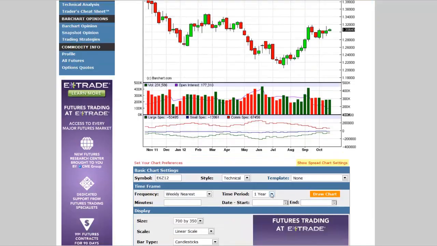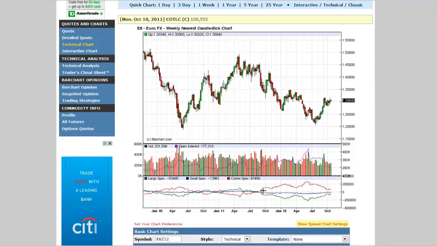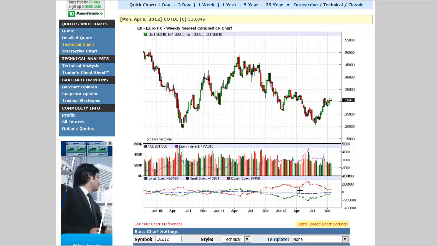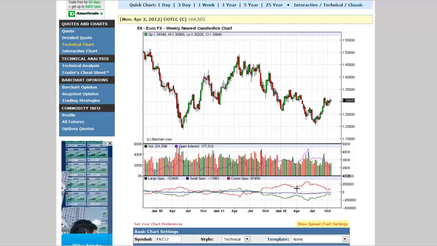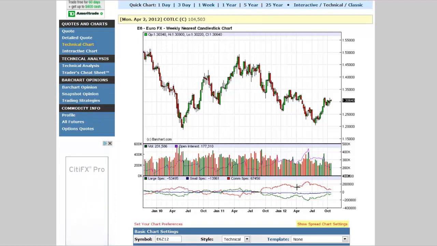Let's pull up 3 years of that and you'll see what I mean. You can see that we've had a net long position by the commercials for a very long time, and while we did drop down in here, there was no real indication that there was additional short selling here.